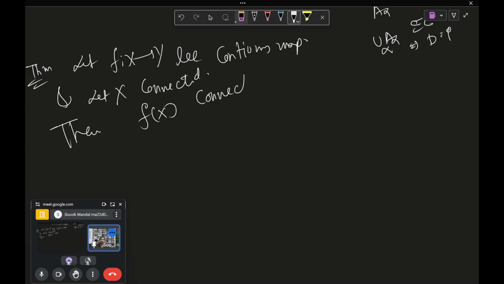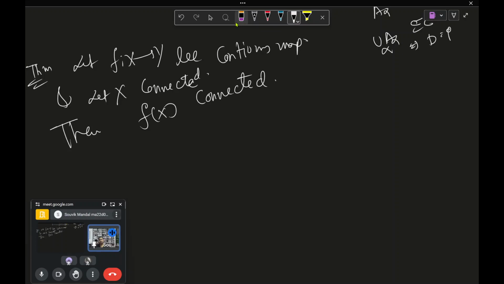Then f of X is connected. So the image of a connected set under a continuous map is also connected. This is what we mean.